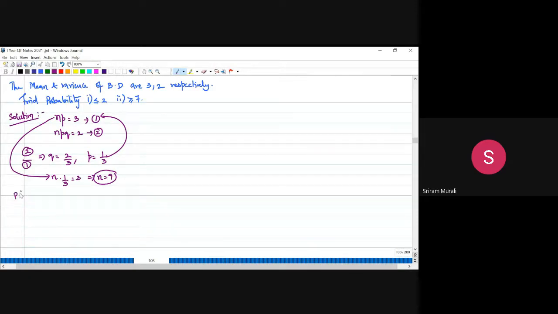Now what I want to find is the probability of X less than or equal to 2. It can be 0 or 1 or 2.